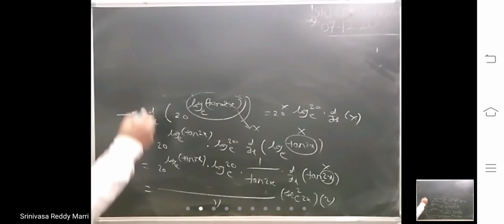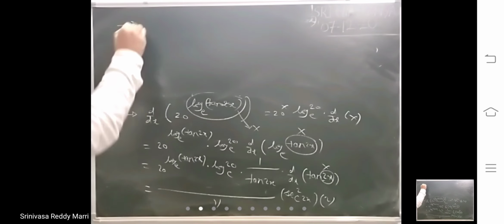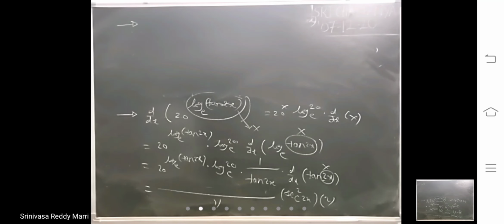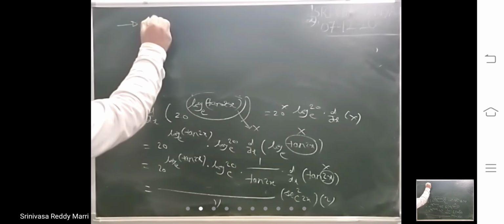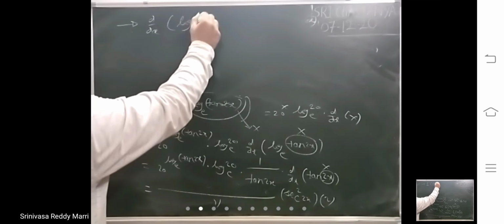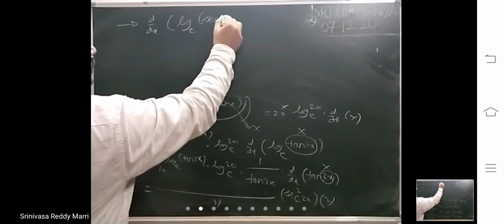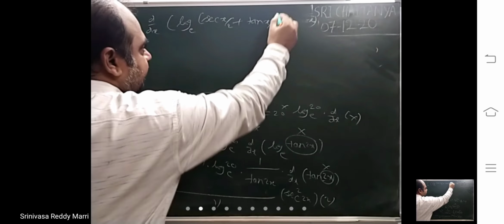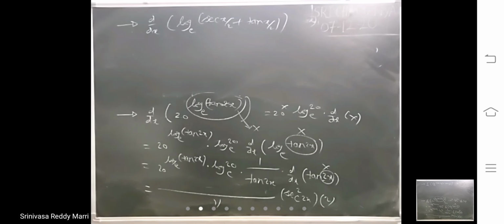Next, d by dx of log of secant x by 2 plus tan x by 2.